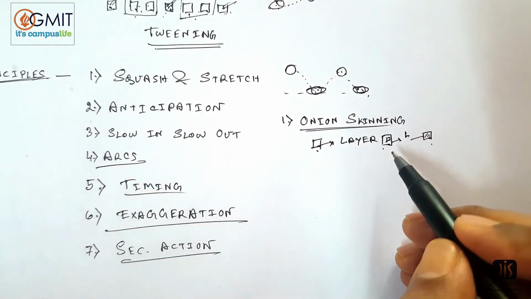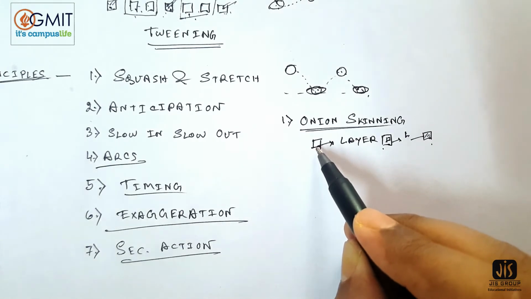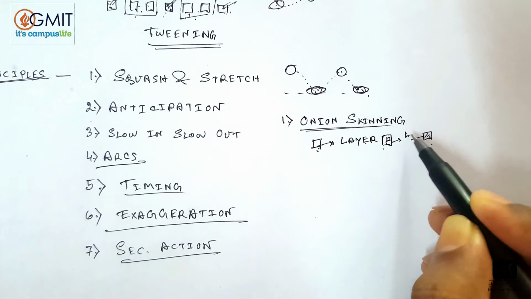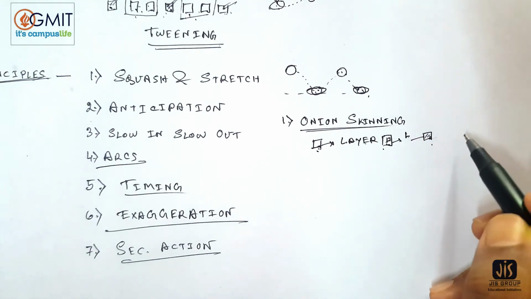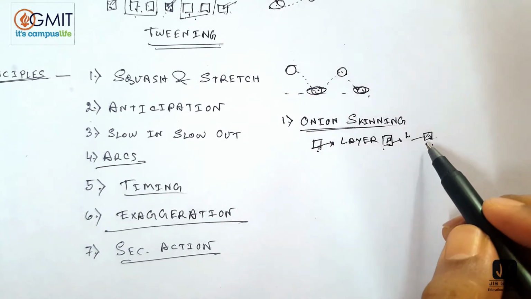Similarly, in case of animation, animators do this with a frame, edit over the layer of this frame, over the layer of this frame, over the layer of this frame, like this. So this is called actually onion skinning. Why?